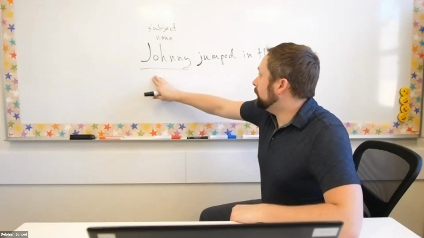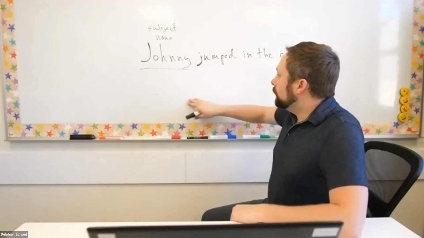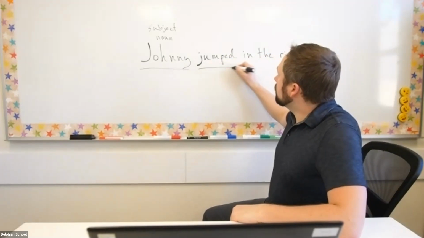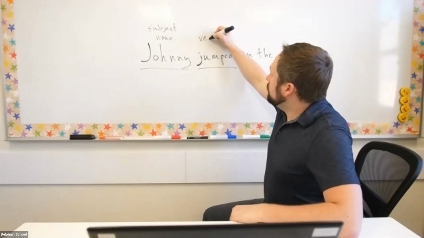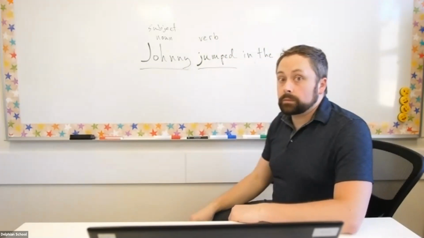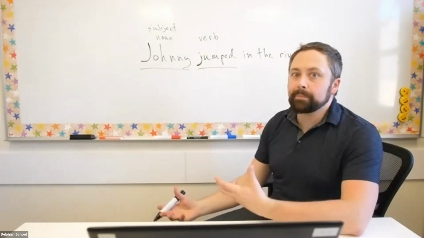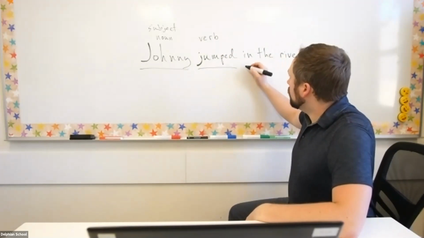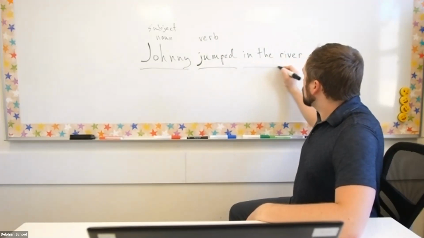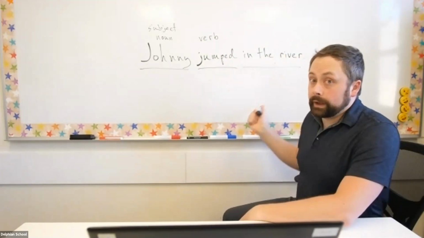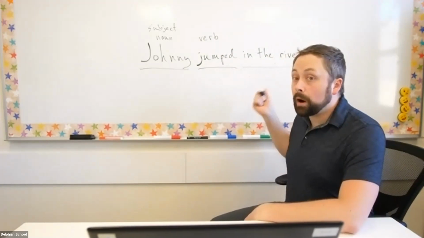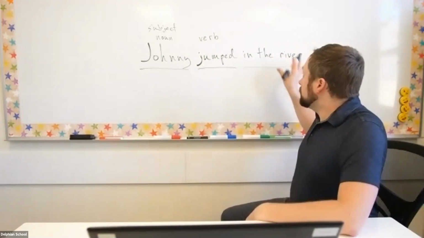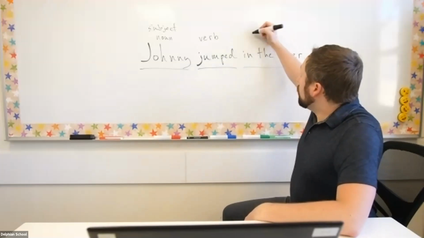Johnny is what this sentence is about. And what did Johnny do? He jumped. Jump is the verb of the sentence. It's the action. It's what's happening, what Johnny is doing. In the river has multiple words in it, and they're each a different part of speech. But as a group, they are a phrase.